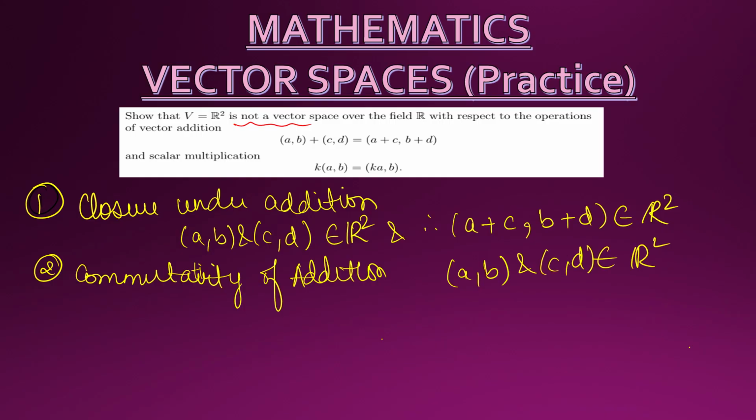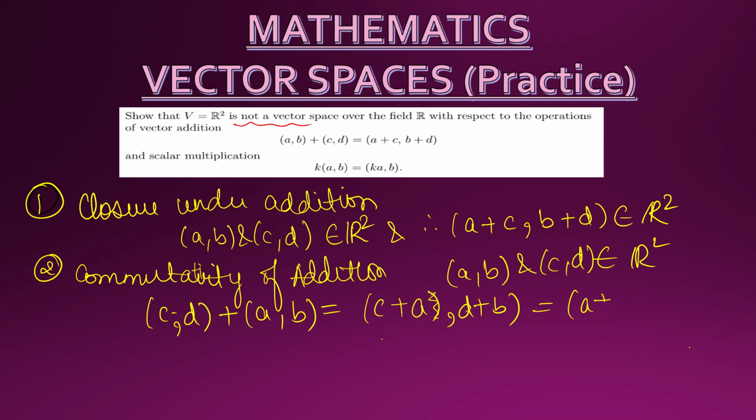Therefore C comma D plus A comma B will be equal to C plus A comma D plus B, which will also be equal to A plus C comma B plus D. So their addition can be reversed also, but you'll get the same answer. Therefore, this is also satisfied.